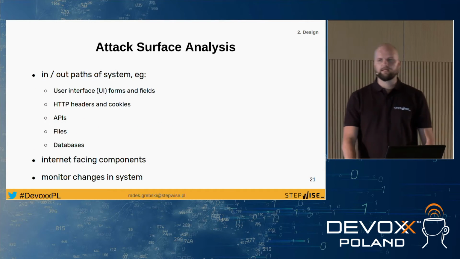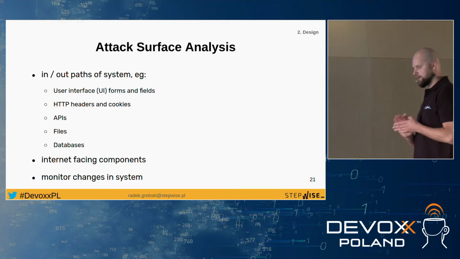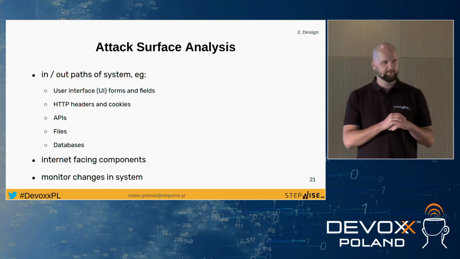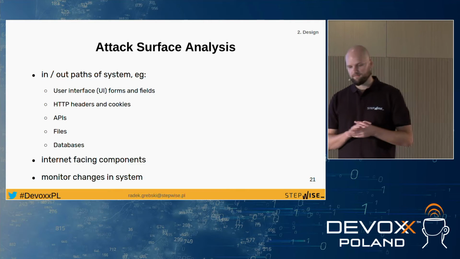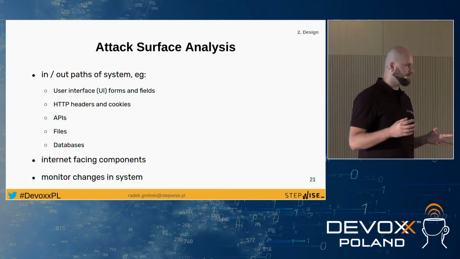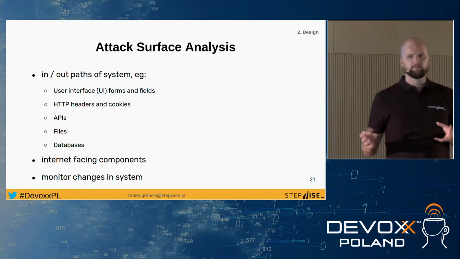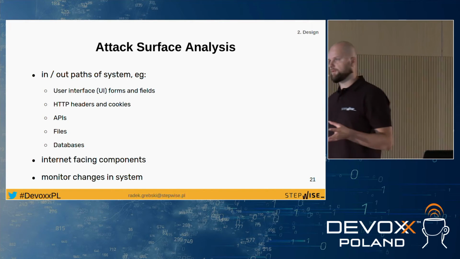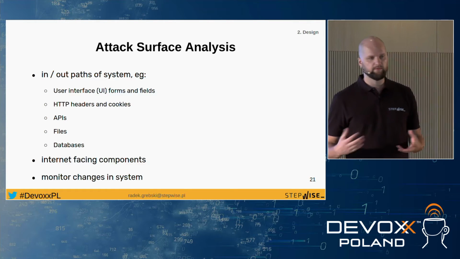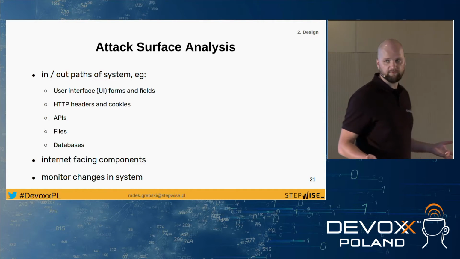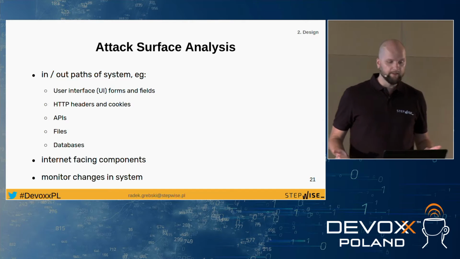At the design stage, we should also consider the attack surface of our application, all the in and out paths from our system, which can be UI, which can be headers we expose. For example, if you expose the server header in your response, you let the attacker know what type of software you're using on the first line.